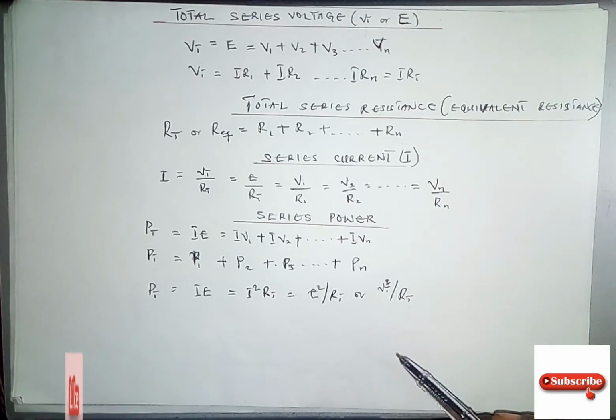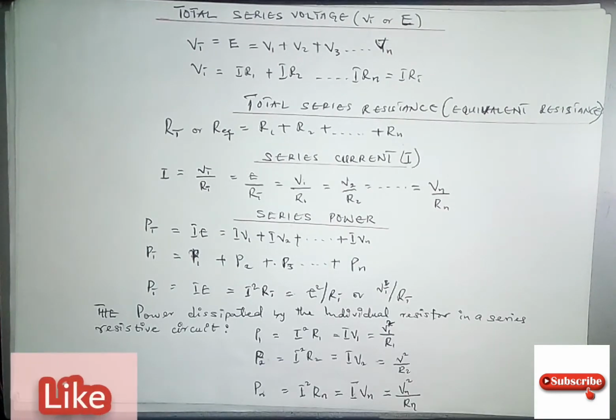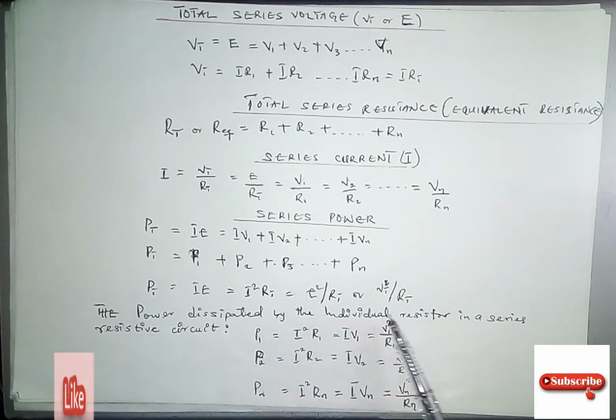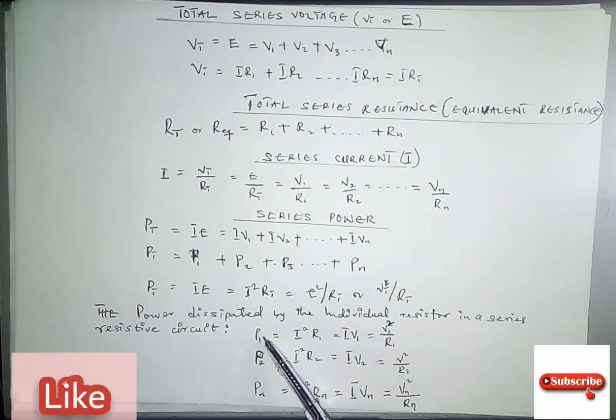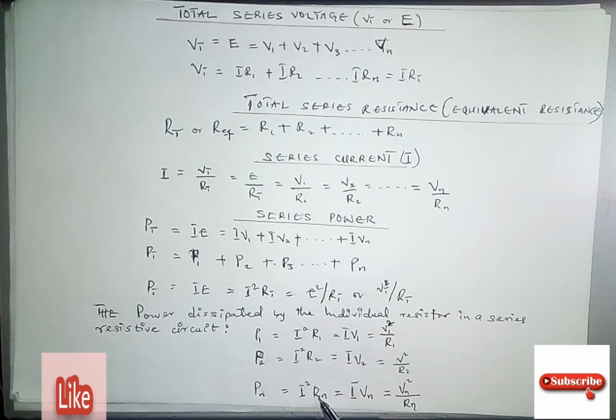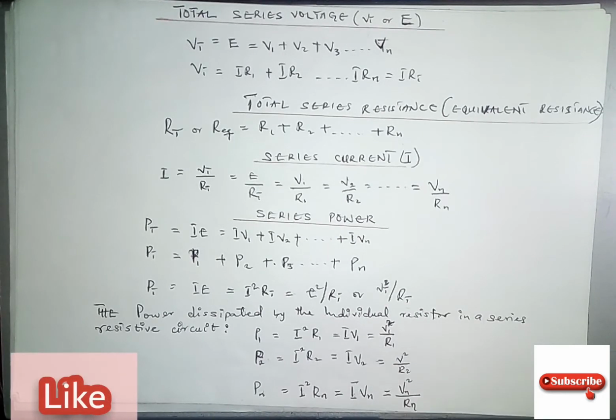So we can have them as follows as well. The power dissipated by the individual resistor in a series resistive circuit, P1, P2, or whatsoever, is I square Rn, which is equal to IVn, which is equal to Vn square over Rn.